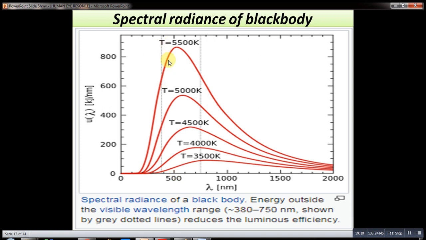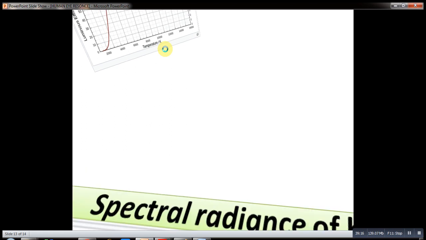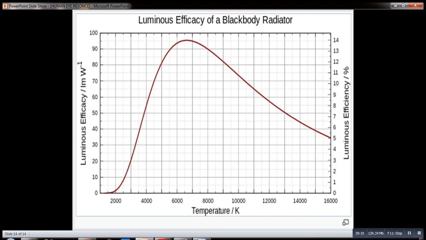From this curve, we see that this is 7,000 Kelvin, and this is 6500.